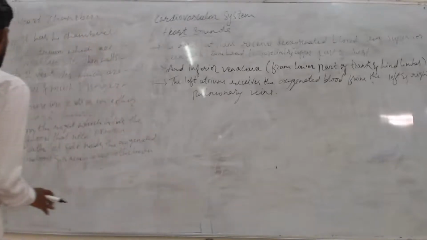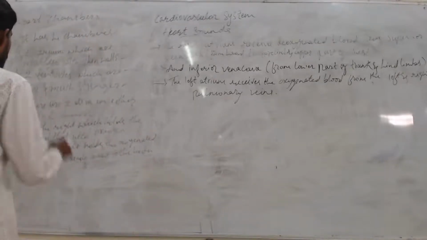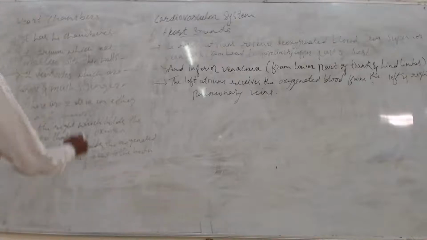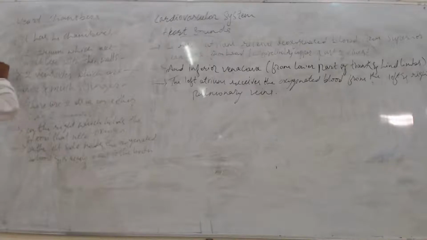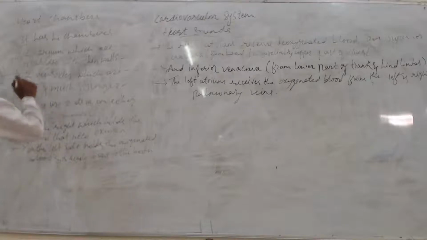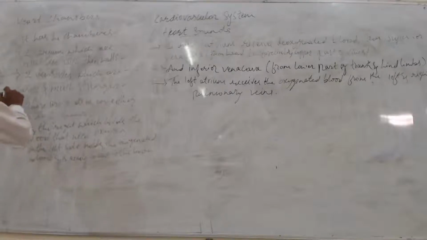Means this is about the atrium. The heart has 4 chambers. It consists of 2 atria, which are smaller in size and have thinner walls, and 2 ventricles, which are larger in size and much stronger in functioning.